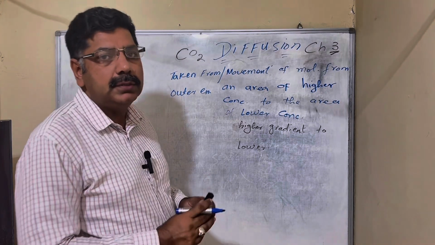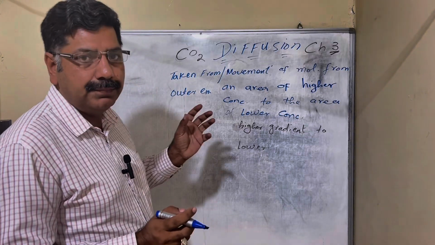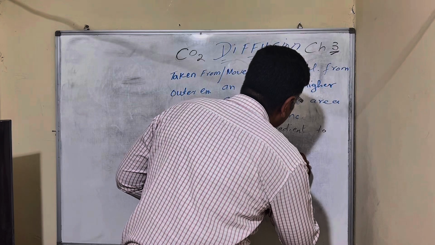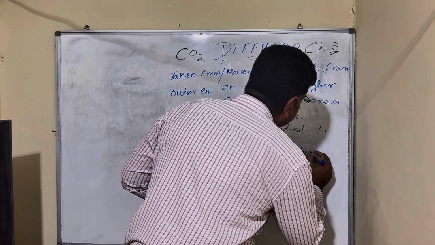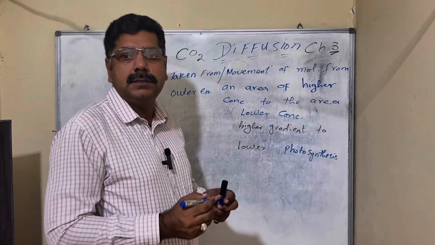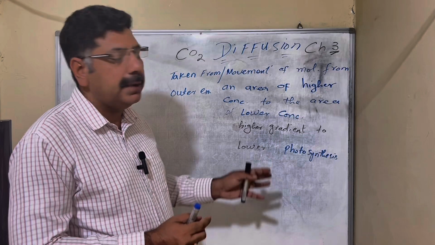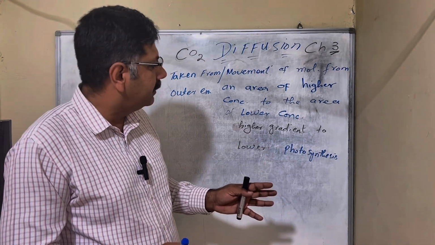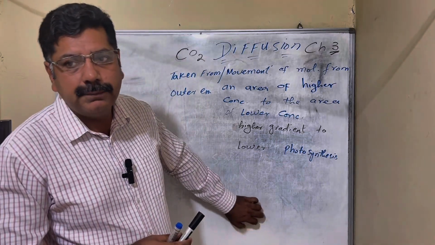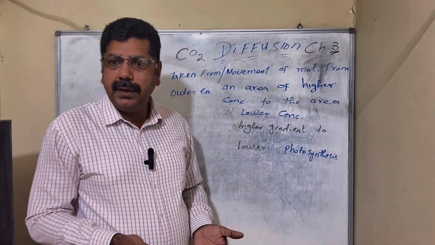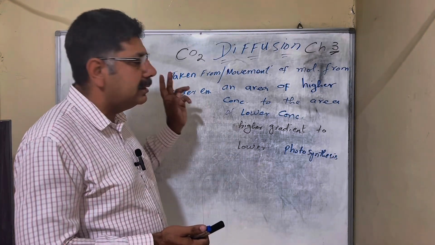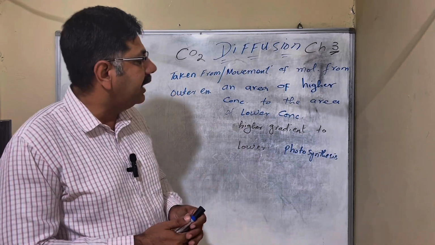And this carbon dioxide is used in photosynthesis by the plants to prepare their food material. When they are preparing their food material, what do they need? They need carbon dioxide to make carbohydrates.